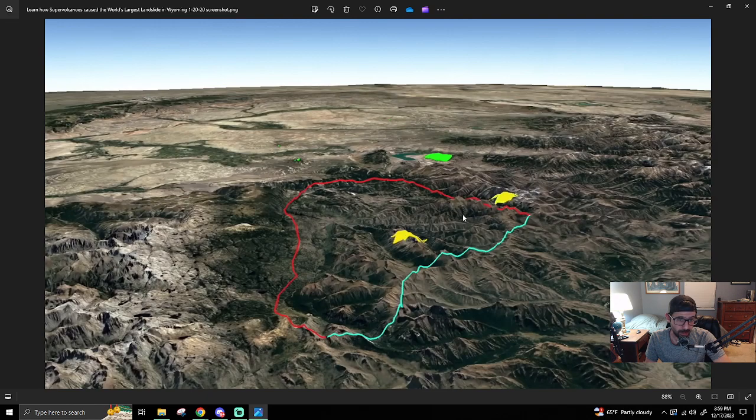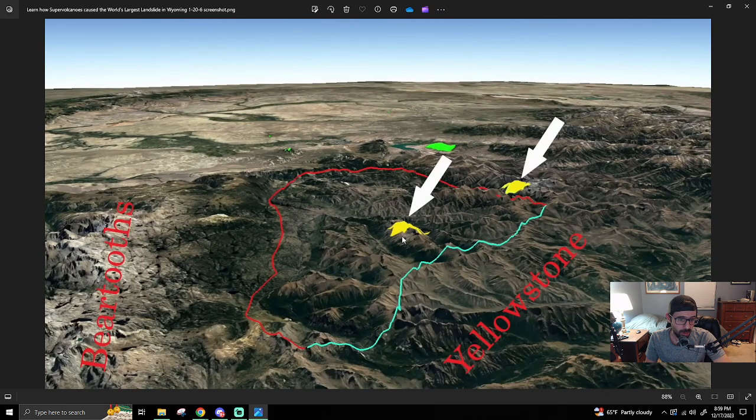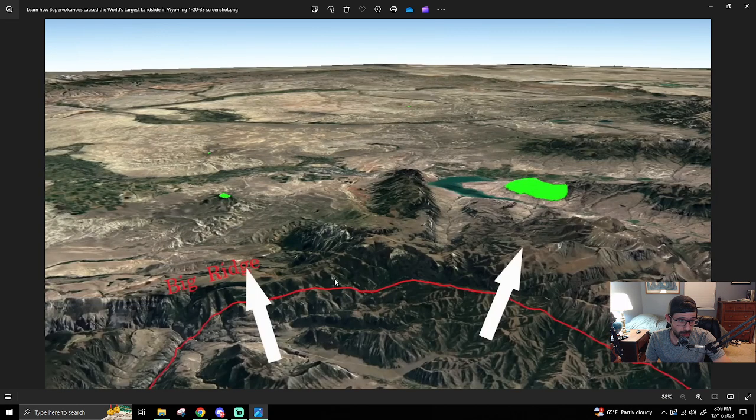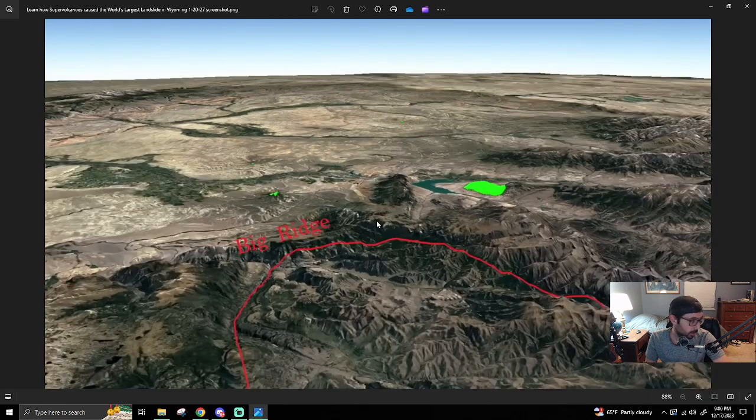The volcanoes. Yellowstone, Beartooth. The ridge that they go up and over, like that. So this is all from Myron Cook's video. So apparently it went this way and this way around the Pat O'Hara and Rattlesnake Mountains.